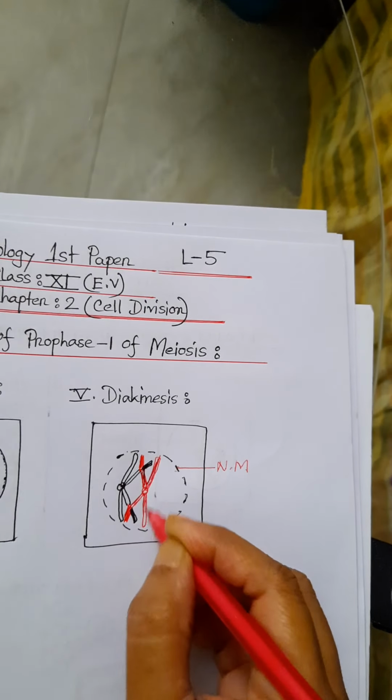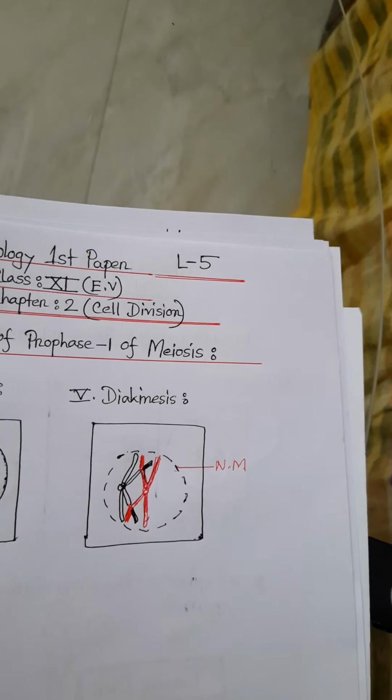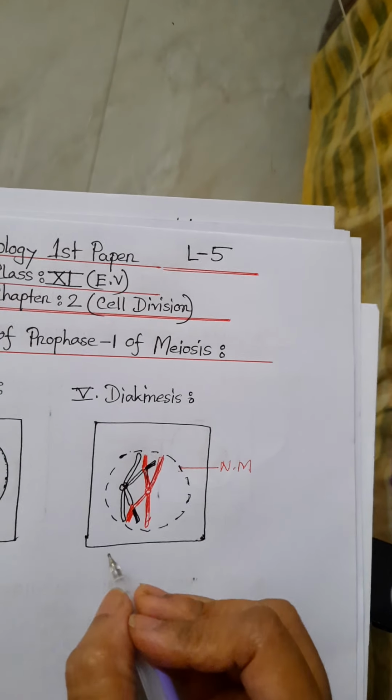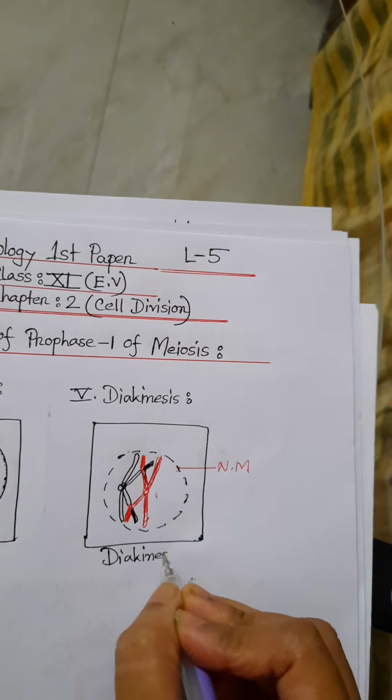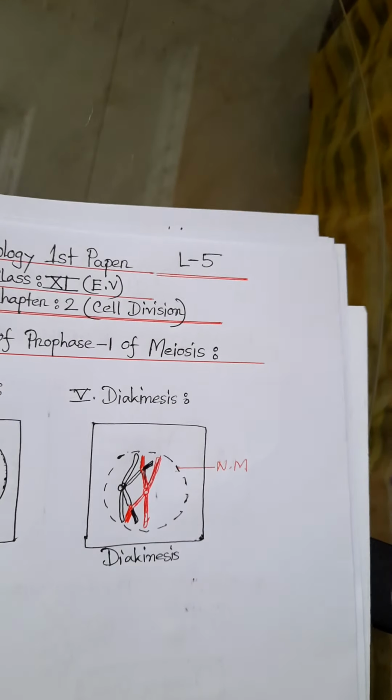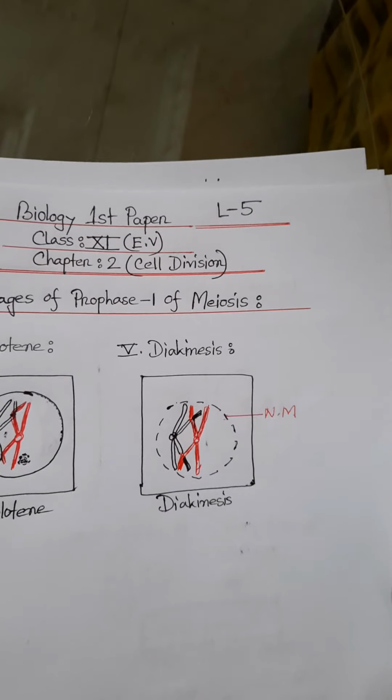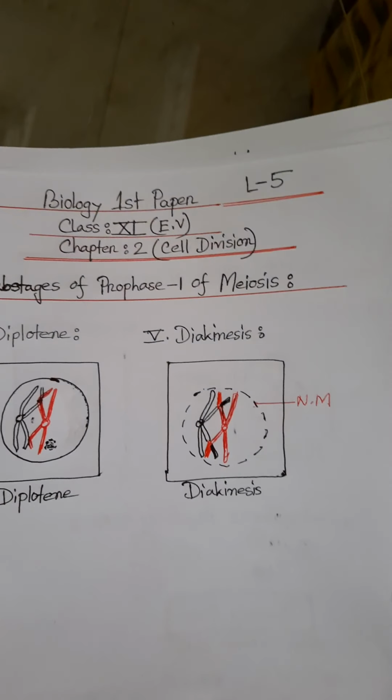This is known as diakinesis, the last substage of prophase 1 of meiosis.